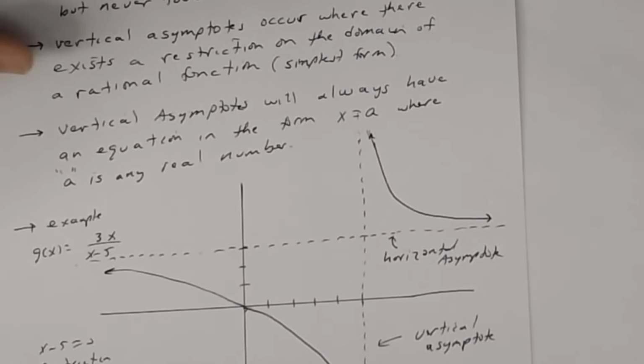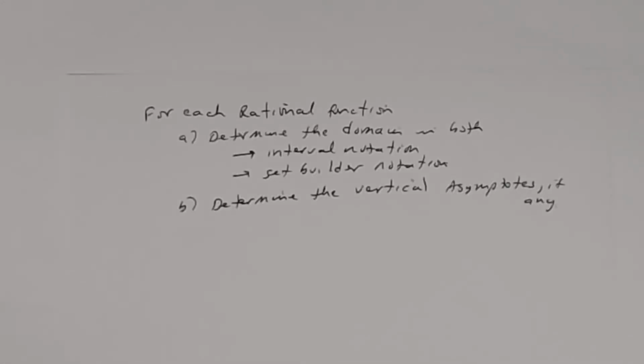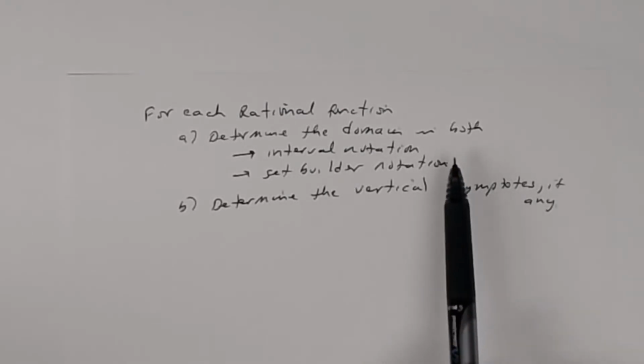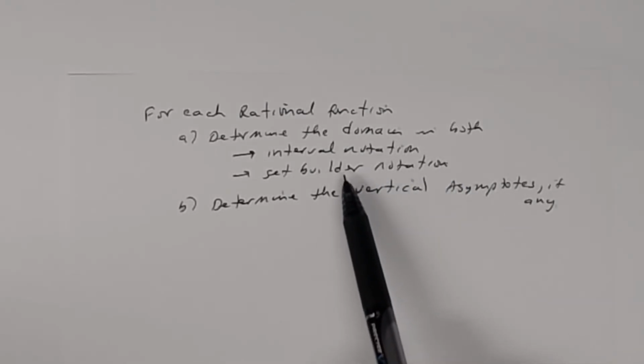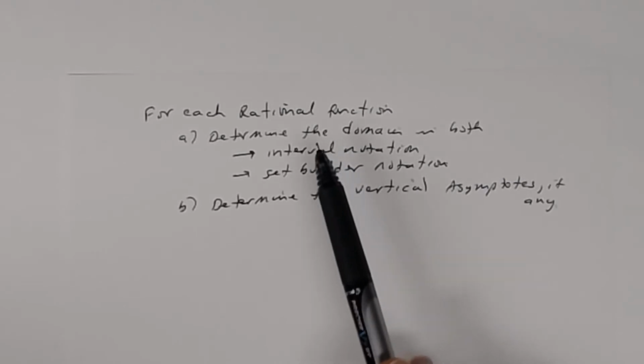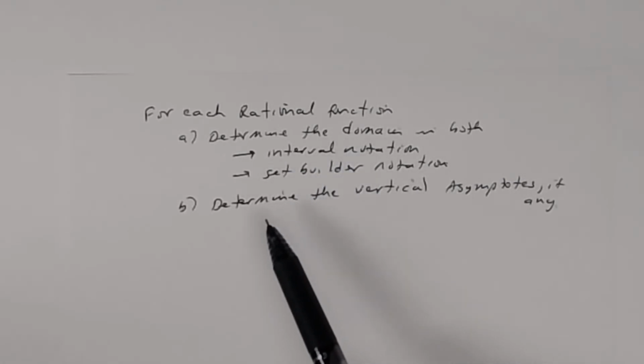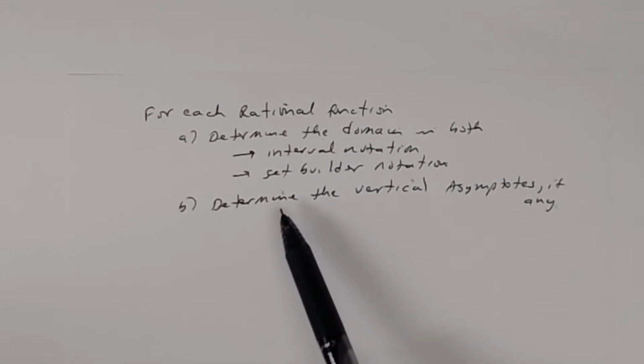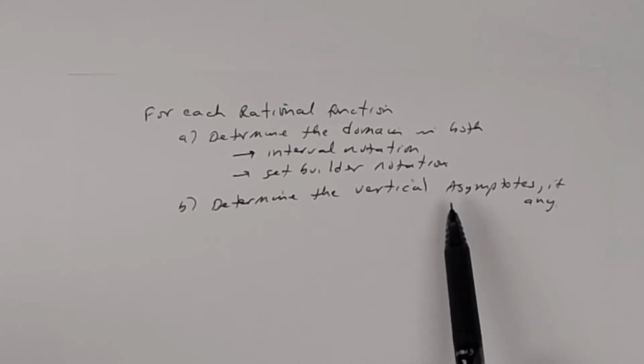All right, now, the directions will say this. For each rational function, there are two things you want to do. You're going to determine the domain in both interval notation and set builder notation. That's going to be the easy part because you dealt with this before. And then part B, you're going to determine the vertical asymptotes, if any.